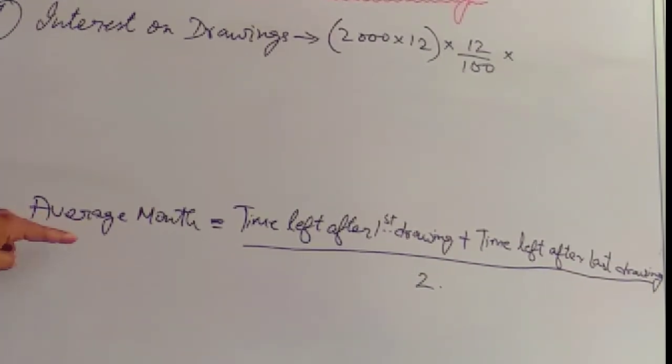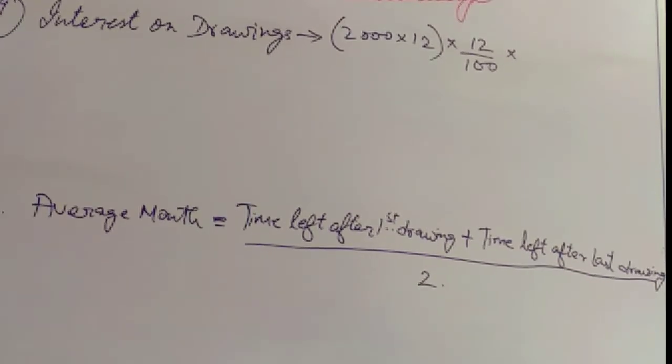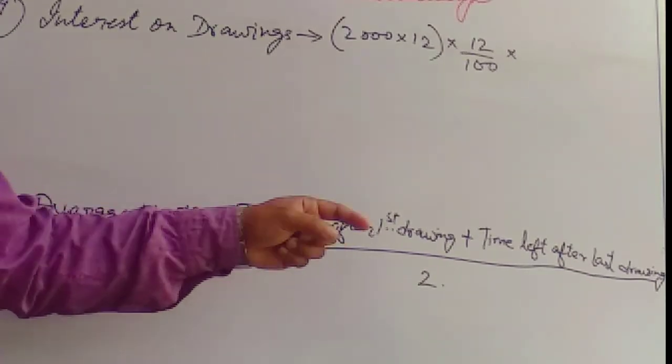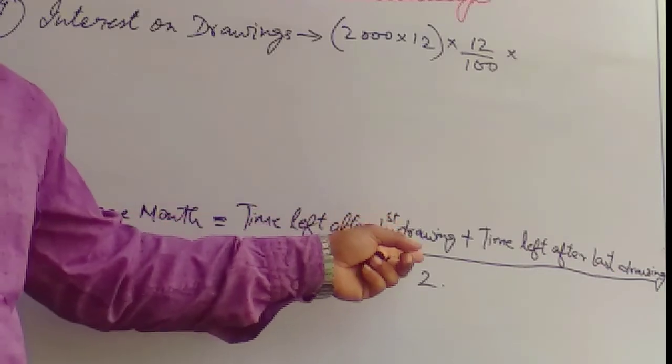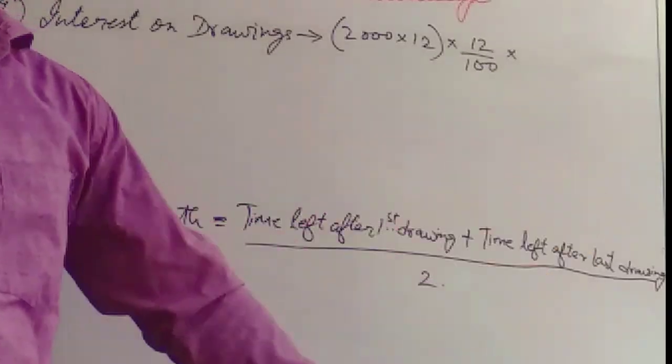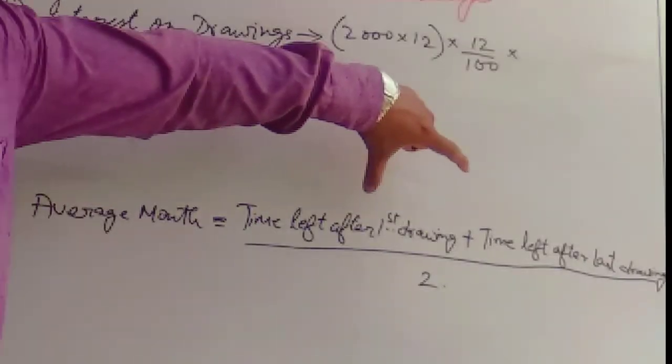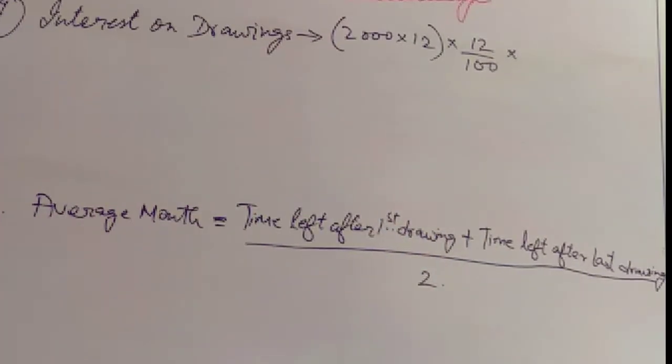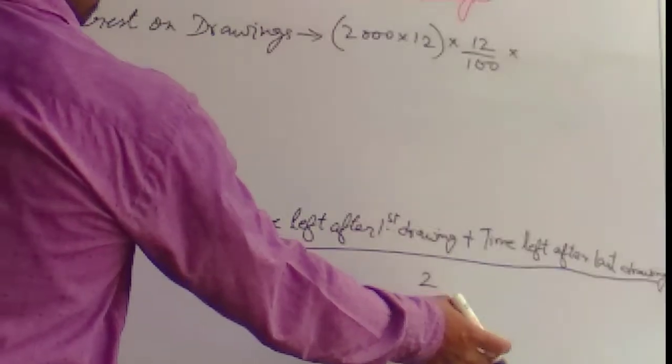Clear, students? So how are we getting the average month here? The average month is the time left after first drawing plus the time left after last drawing. The sum of these two will be divided by 2. This is the average month.